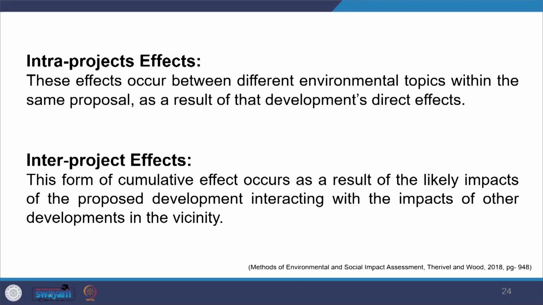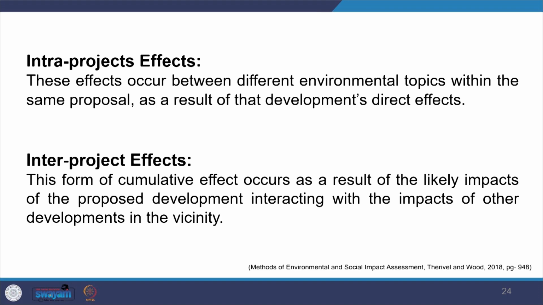Further, you will come across some more terms. You see it by IEMA. It gives one term, which is intra-project effects. These are effects which occur between different environmental topics within the same proposal. So within that same project itself, how different domains or effects deal with each other. That is intra-project effects.